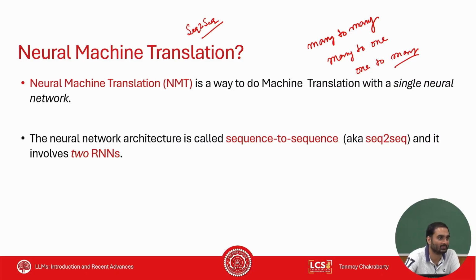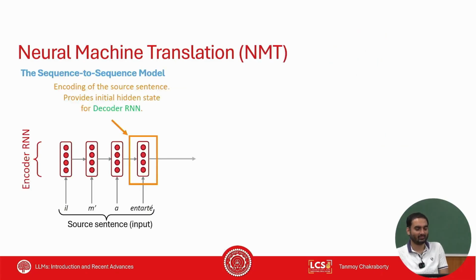What about image captioning? Your input is an image and the output is a text, a sequence. Of course, you can flatten the image and make a matrix, and that will be many to many, but at a high level this is one to many.